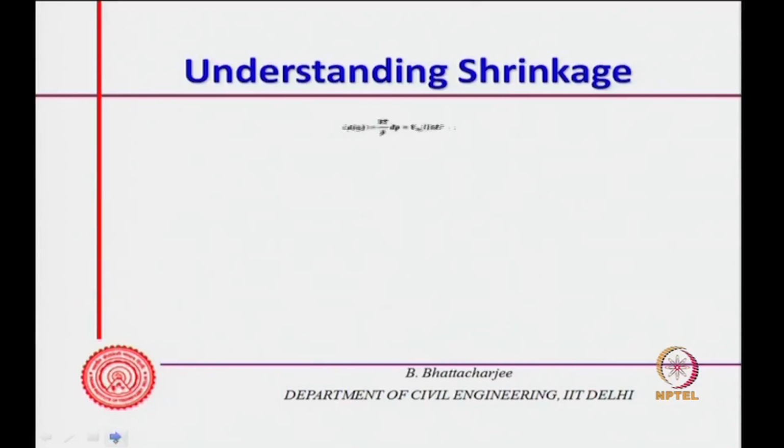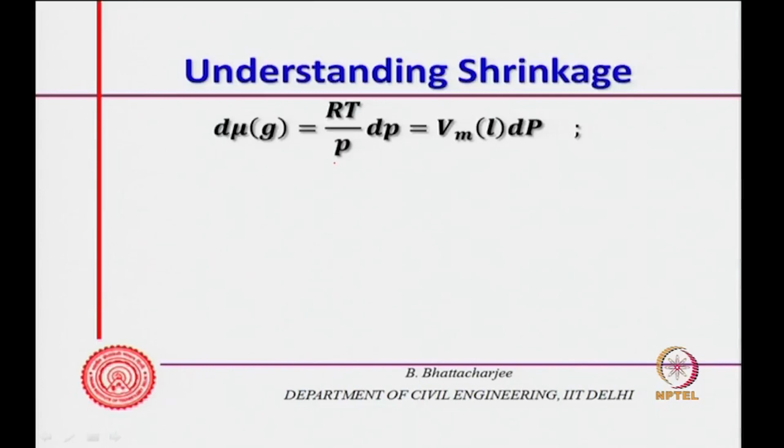Now, vapor can be thought of as an ideal gas. Therefore, the Vm can be written as RT by P for 1 mole actually. So, d mu g can be written as RT by P dP, and that must be equal to Vml dP. Capital P stands for the pressure that you have applied to the liquid. This is the partial vapor pressure of the vapor.